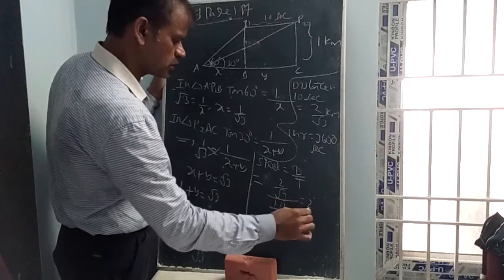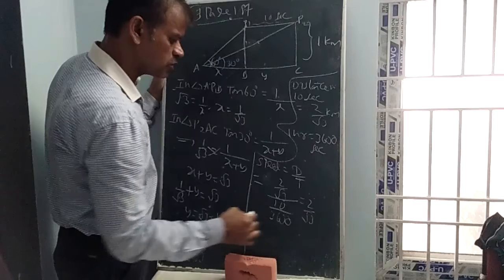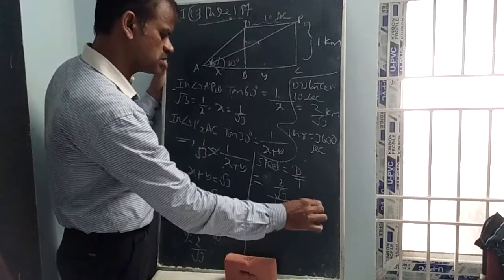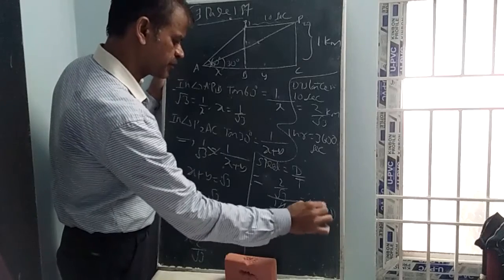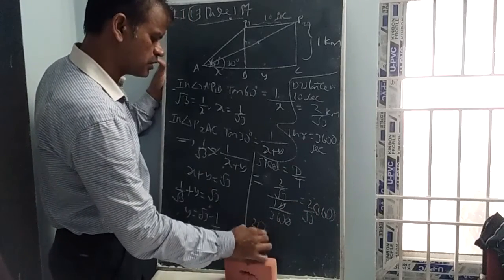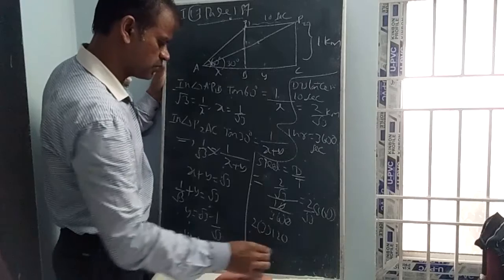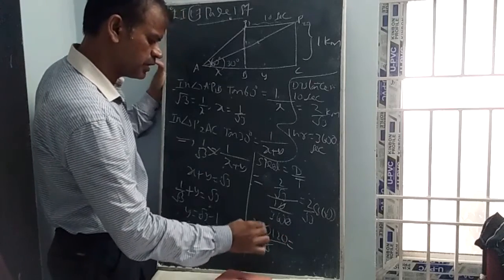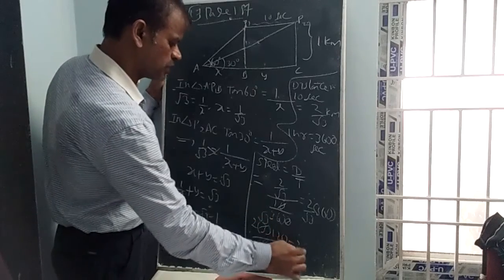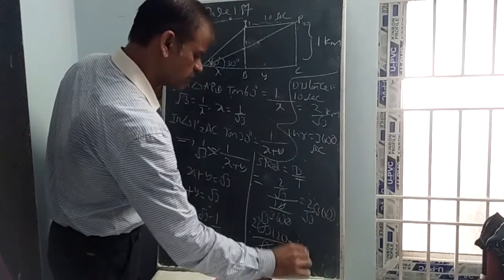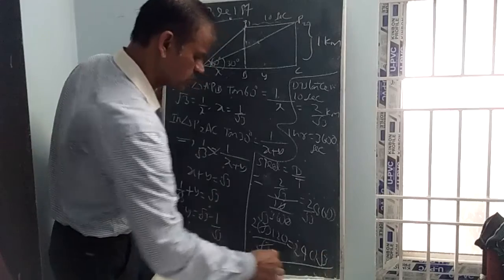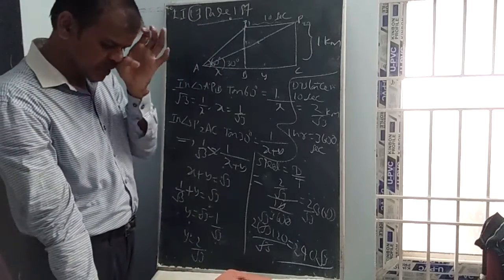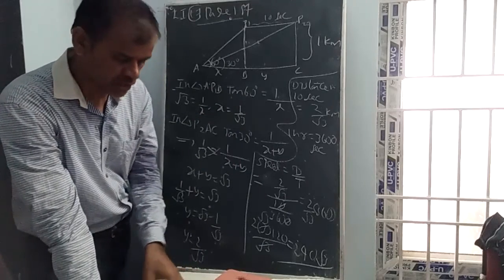So 2 by root 3 into 3600 by 10. The 0 gets cancelled, this is 360, and it becomes 2 into 3 into 120 by root 3. Root 3 times root 3 cancels, giving 2 into 120, which means 240 root 3. The same question was given in MSET and Mains also. Speed of the aeroplane is 240 root 3 kilometers per hour.